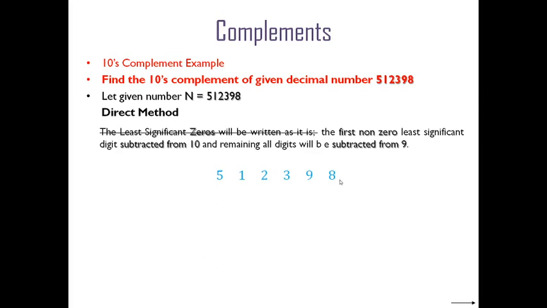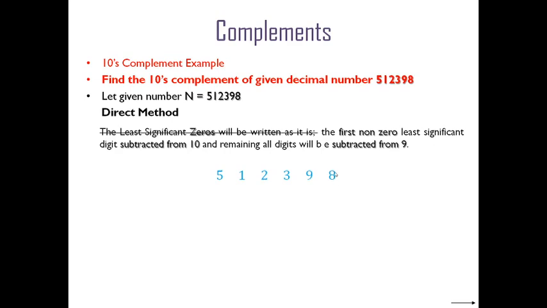That means there is no need of this statement. And first we will consider the first non-zero digit in the least significant position, which will be subtracted from 10.